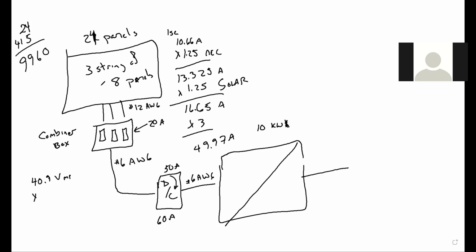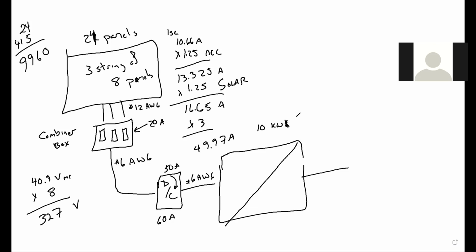Times, we had 8 panels in a string. And the strings were balanced. So 8 times 40.9 gives us 327. So on a standard test condition day, we'd be operating at 327 volts coming in and leaving.